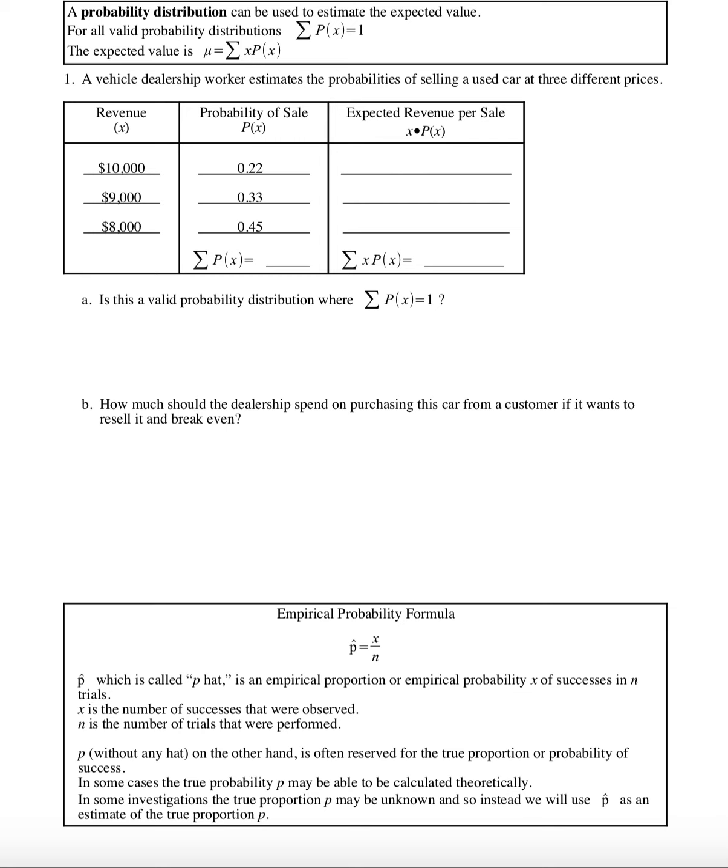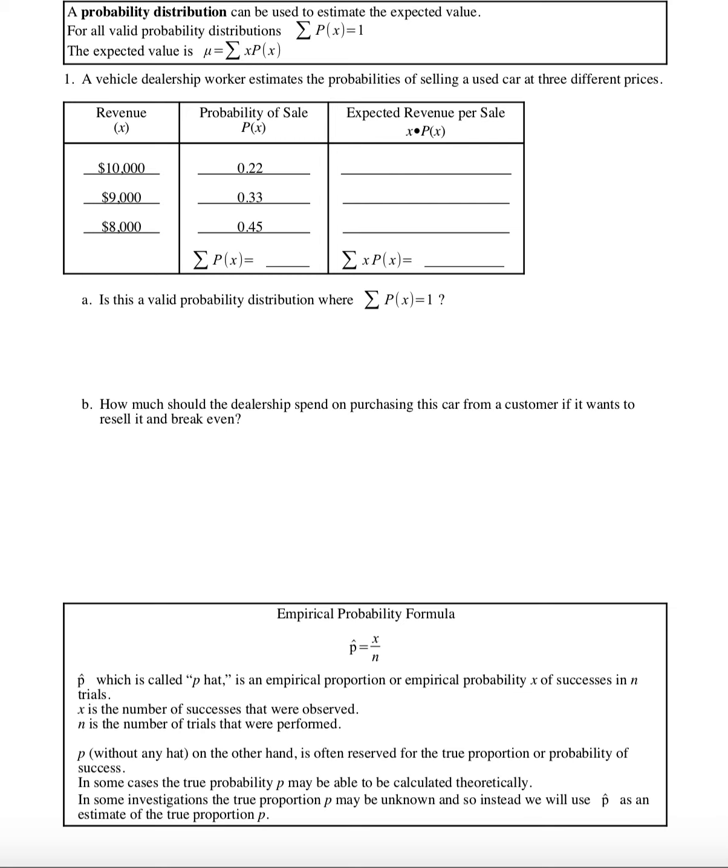They came up with the numbers 22% chance if the vehicle costs $10,000, 33% chance of a sale if they lower the price to $9,000, and a 45% chance of sale if they lower it to $8,000. Now that could be based on past sales of similar valued vehicles. They could collect data on that and then come up with these probabilities empirically.